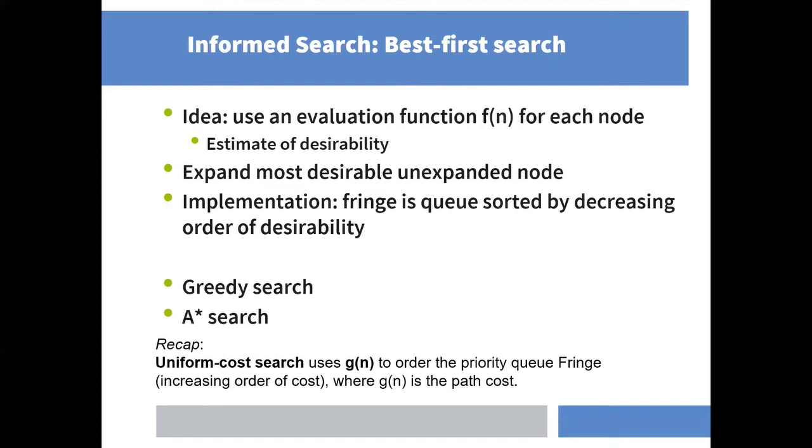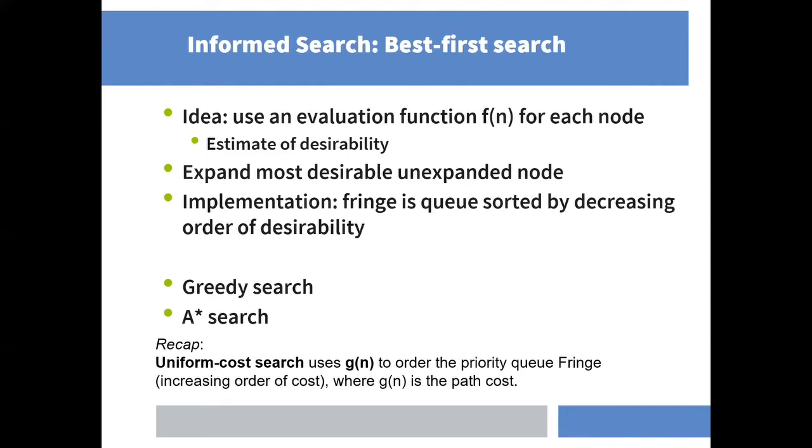The implementation of best first search is identical to that for uniform cost search, except for the use of f instead of g to order the priority queue. The fringe of best first is a queue sorted by decreasing order of desirability. Thus, the first element in the fringe that will be expanded is the most desirable node in the fringe based on f.